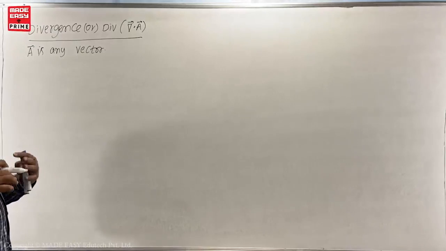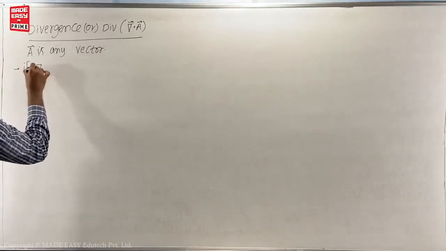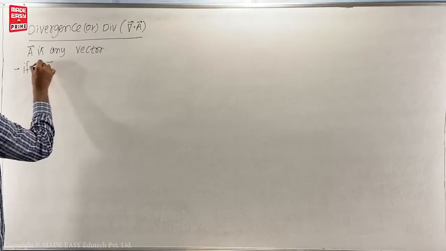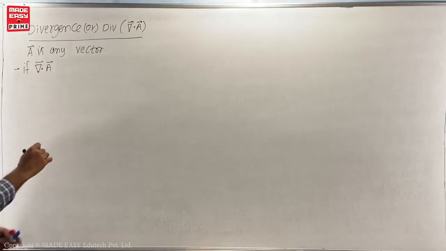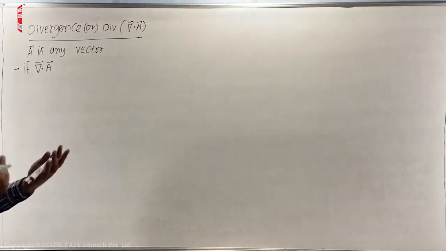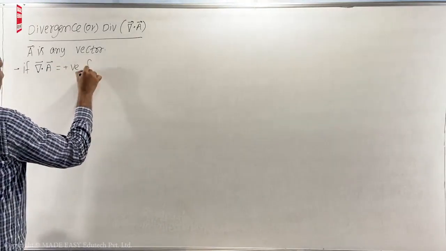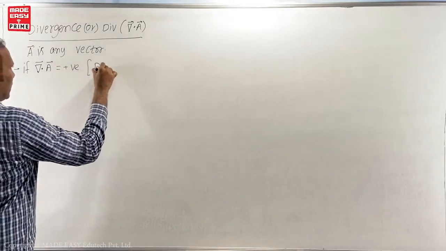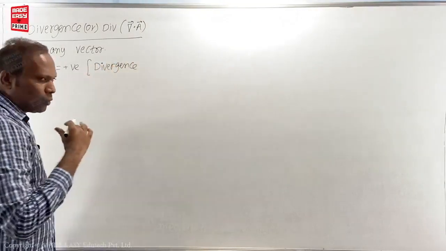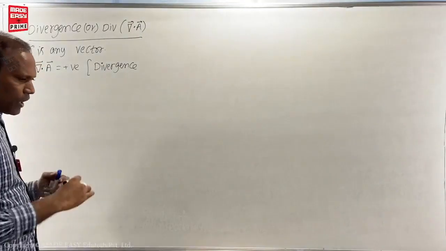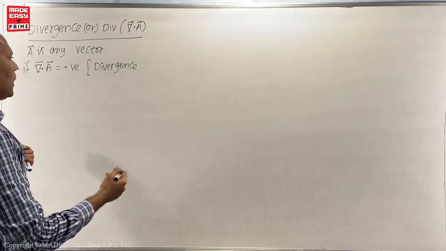Now first let us see the physical meaning. If divergence of a bar, in the exam question anywhere a bar vector is given, you find divergence of a at a single point, substituting one point, and your answer is positive, then what is the meaning? That is called divergence. Diverge means going away, दूर जाना है. So from where does any physical quantity go out? From the source. For example, here a bulb is there.